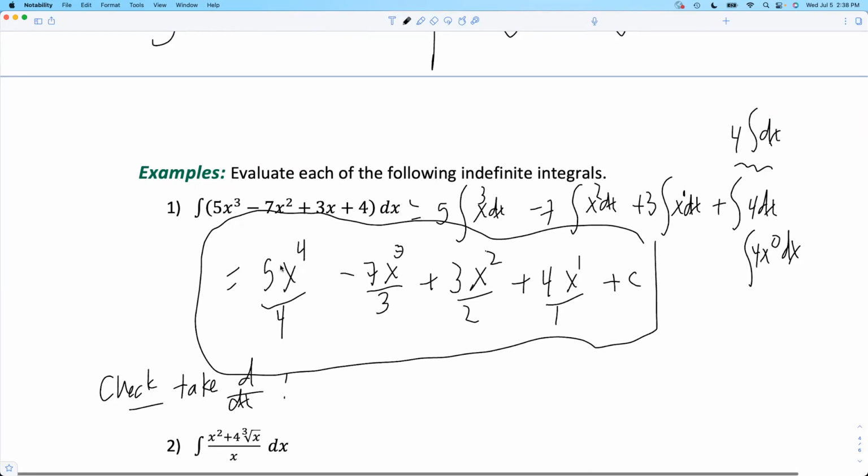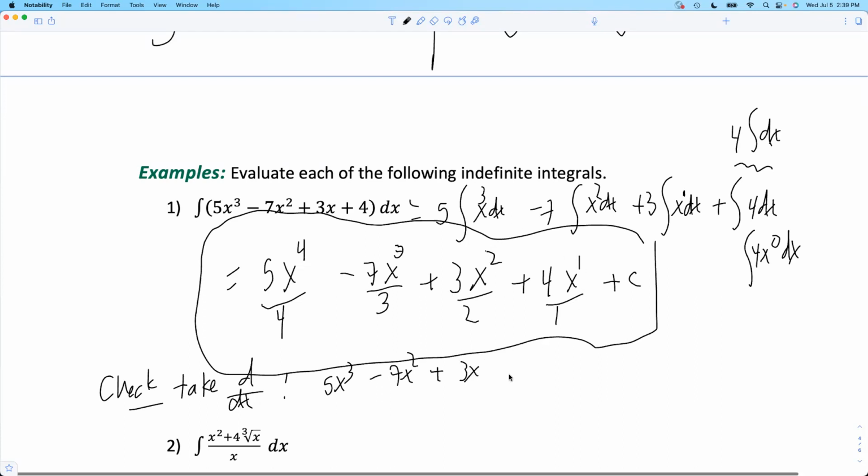I'll get 4, which will cancel that 4, times 5x to the third. The 4 came down and canceled that 4 and then went down by 1. 3 comes down. That'll cancel that 3 and then drops down by 1. The 2 will come down. Hey, it's going to cancel that 2 and then drop down by 1.